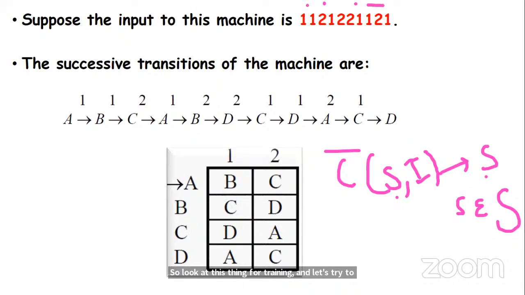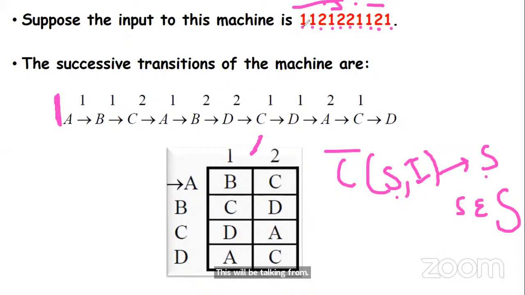Look at this table clearly, and let's try to pass in this input alphabet. The first one is 1. The second is 2. Then 1, 2, 2, 1, 1, 2, 2. That's the scheme, and we start from left to right. Let's see how this was arrived at so that you understand it easily. Look at this table first. This is where we'll be talking from, then we'll write it here.